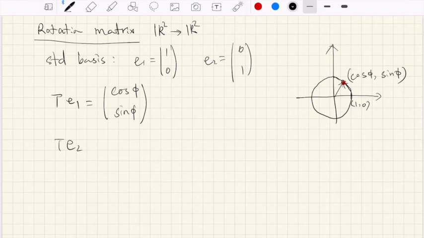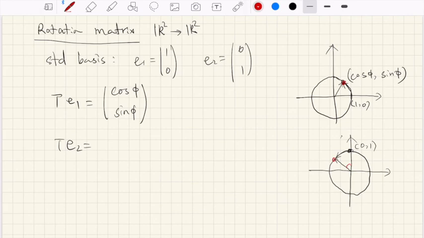And T(e2), that means we're going to map (0, 1), which is here. Starting from here, rotate along the circle by phi, and you end up with this red dot.